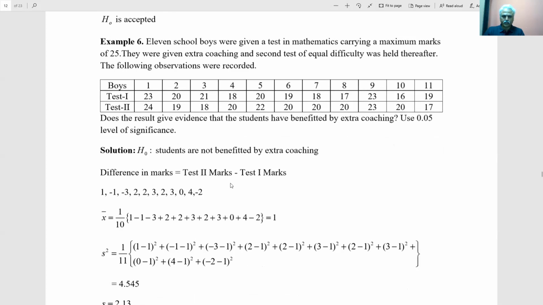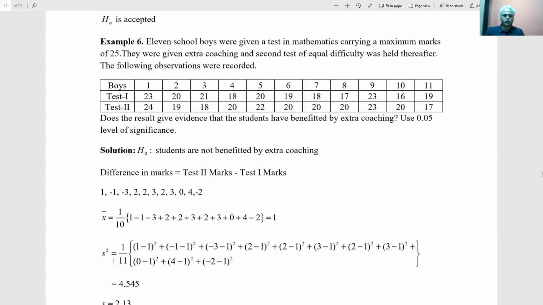The mean of this is x bar, counting 1, 2, 3, up to 11 values, so n should be 11. x bar is 1 by 11 times the sum of these; if you don't count the 0, it will be 10.